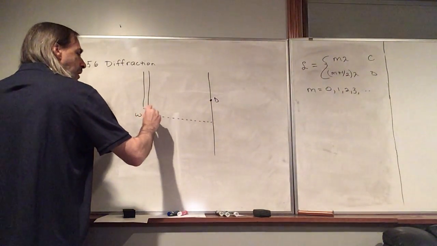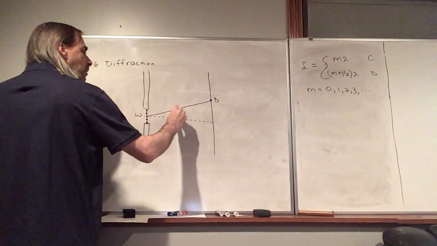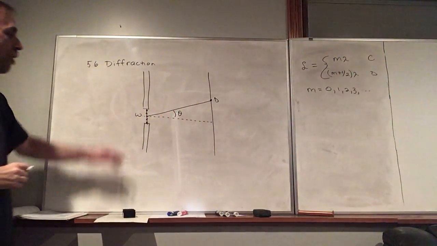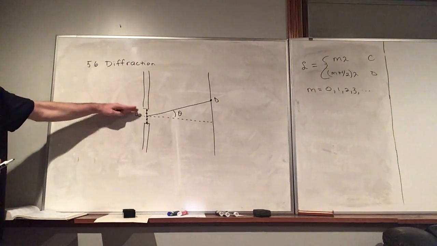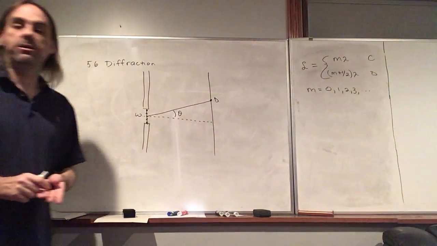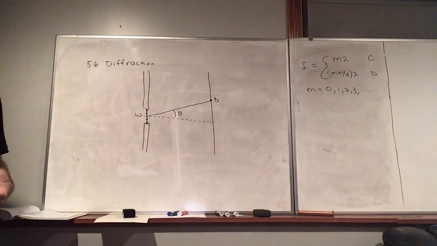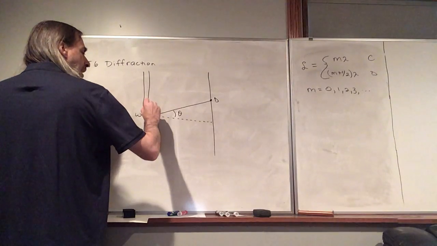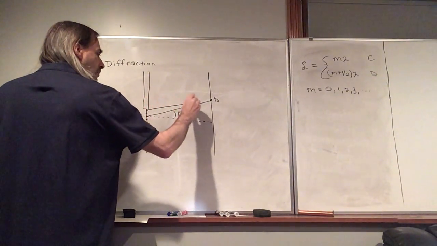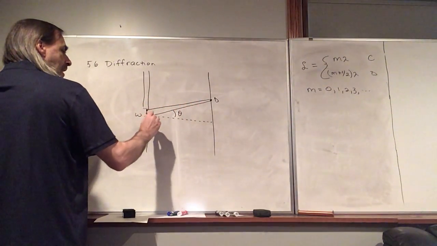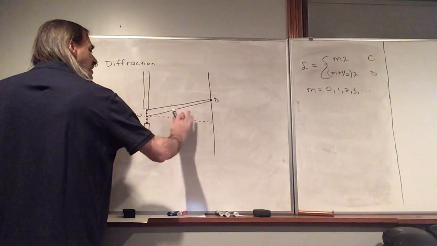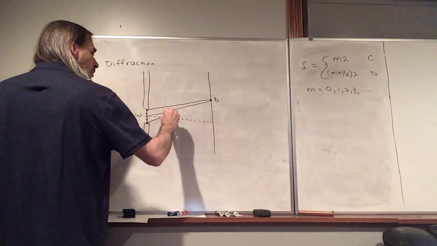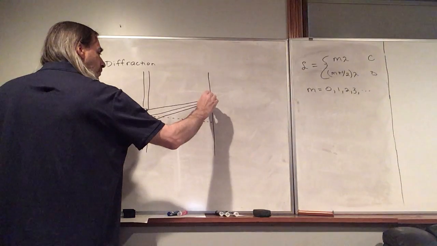And really what we want is this angle that goes from the center of our slit to the point on the screen where we get the destructive interference. So I'm going to draw a ray from the very top and from the very bottom. I'll erase this angle now just to unclutter the picture.